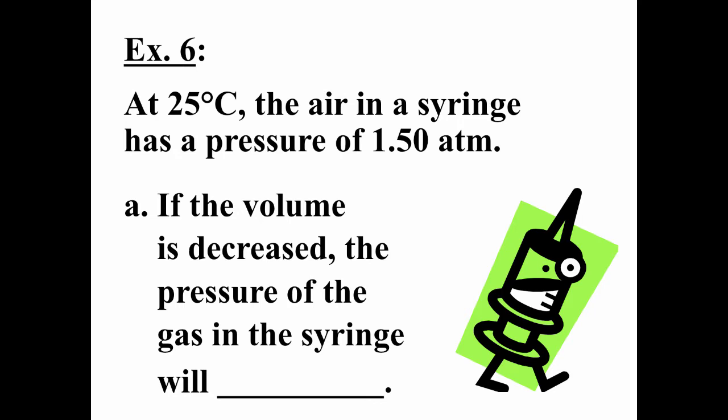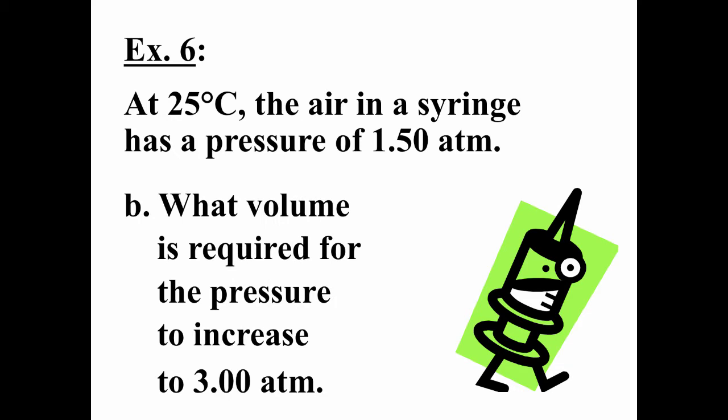And we can apply this to some examples. So, for example, at 25 degrees Celsius, we have air in a syringe at a pressure of 1.5 atmospheres. If we decrease the volume, we expect the pressure of the gas in the syringe to increase. And if we increase the pressure to 3 atmospheres, what would the volume be under this set of circumstances?